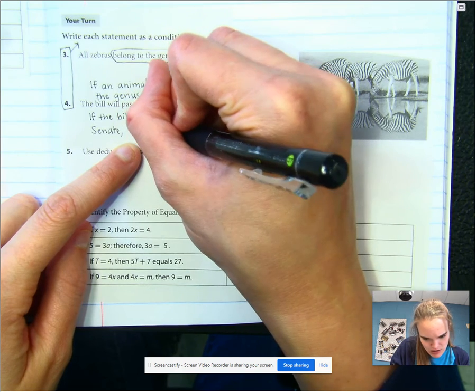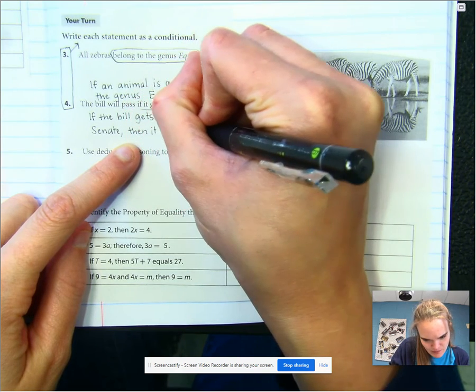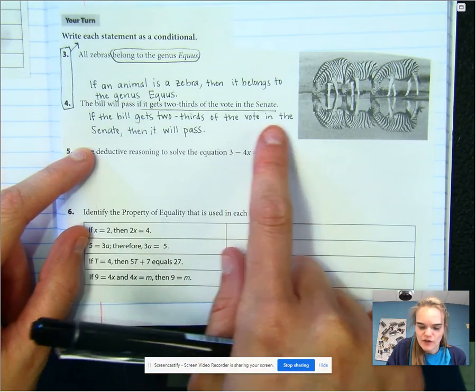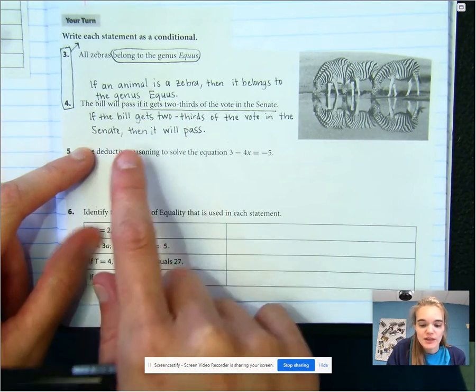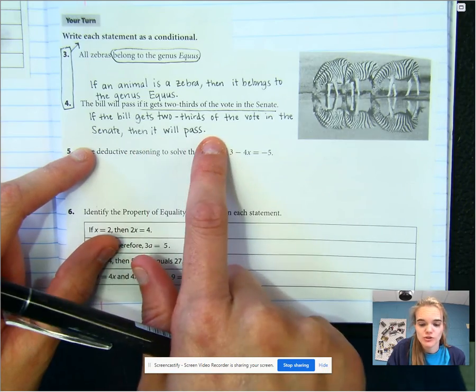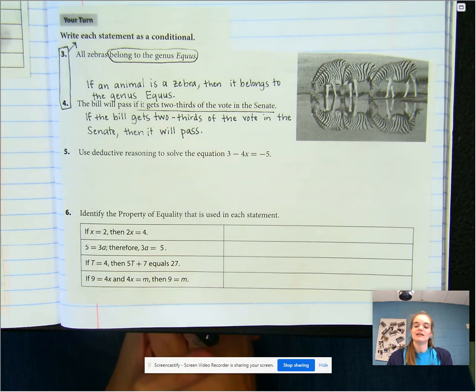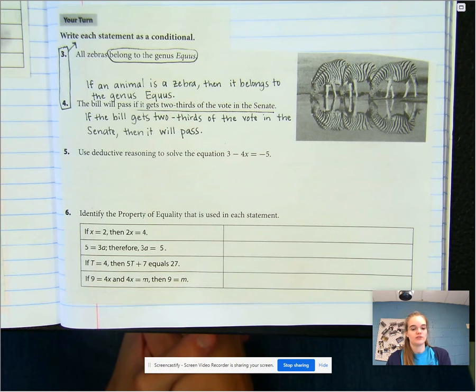Then it will pass. Period. If the bill gets 2/3 of the vote in the Senate, hypothesis, then it will pass. Conclusion. That is how you write a conditional statement, an if-then statement.